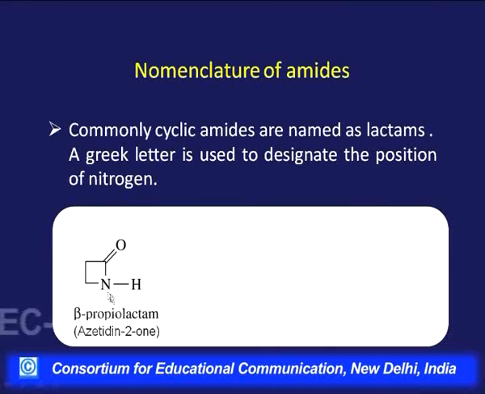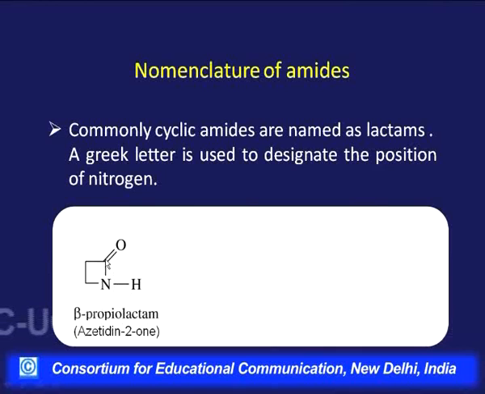So, we can say that it is beta amino propionic acid in which the NH2 of the same molecule has reacted with the carboxyl and formed the ring here, and the common name for this compound then becomes beta propiolactam.